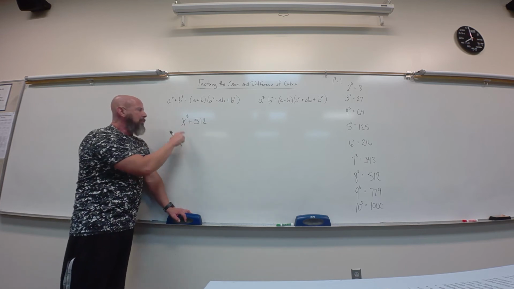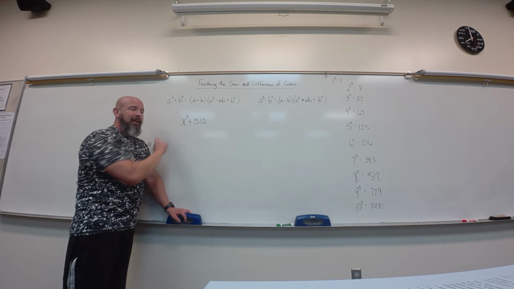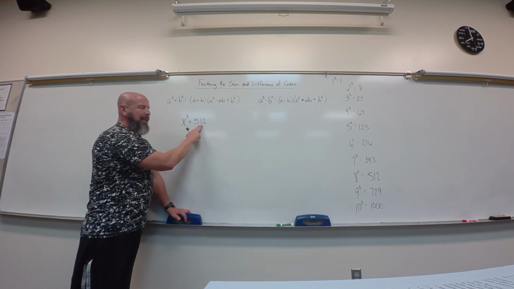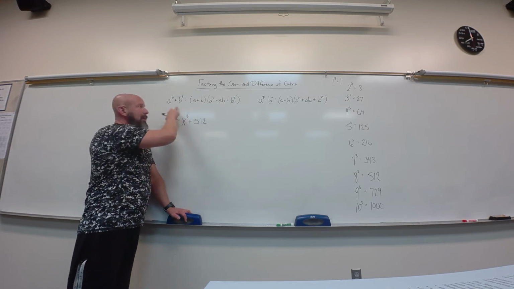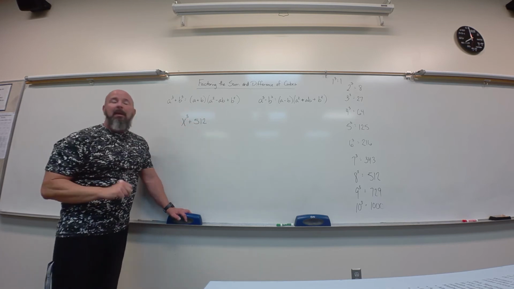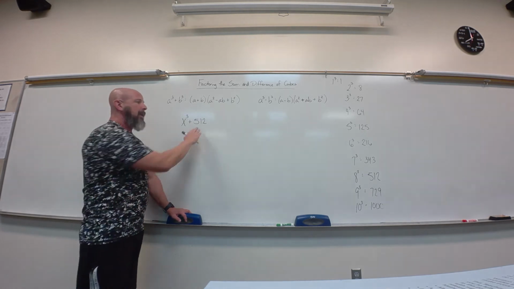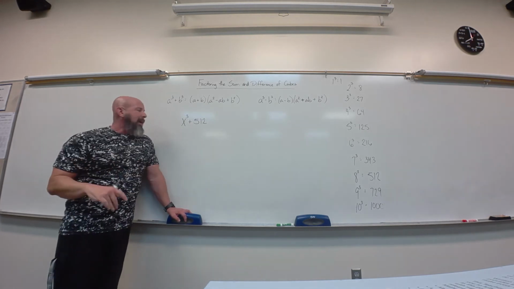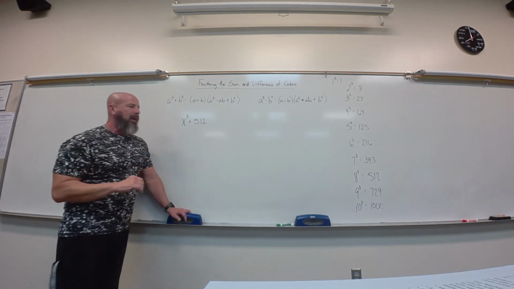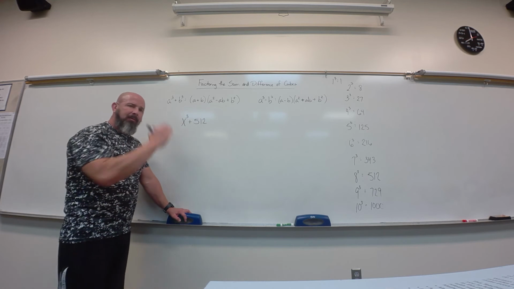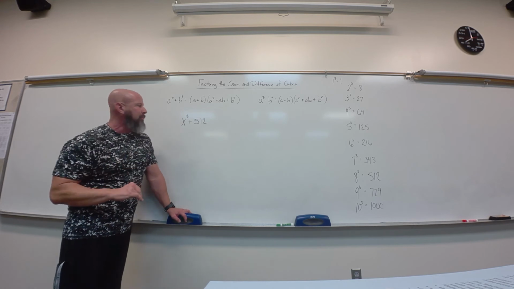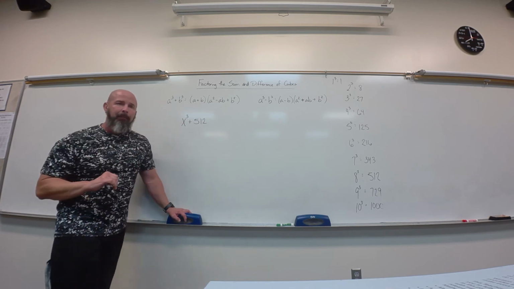I've got two terms. If this is a cube, which I can tell pretty easily, I need to check if that is. If it is, it's going to factor as a sum of cubes. If it's not, it's not going to factor. So if I went on my calculator and said, oh, cube root of 512 is 8, or I'm just going through, hey, 8 cubed, that's 512, I've got a sum of cubes here.